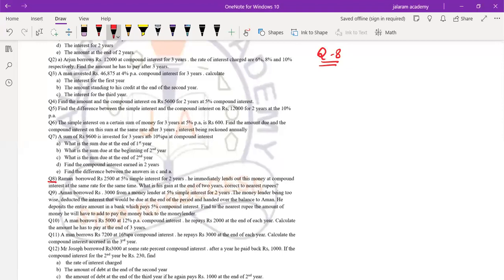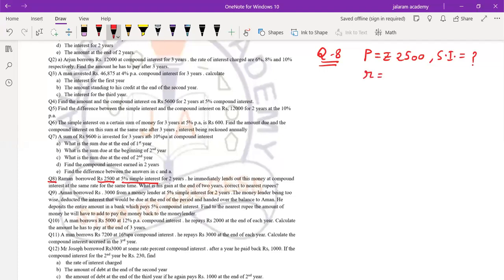Raman borrowed rupees 2,500. The money which is borrowed is rupees 2,500 and it is considered as principal at 5% simple interest. Okay, this time again it is the simple interest which is not given.